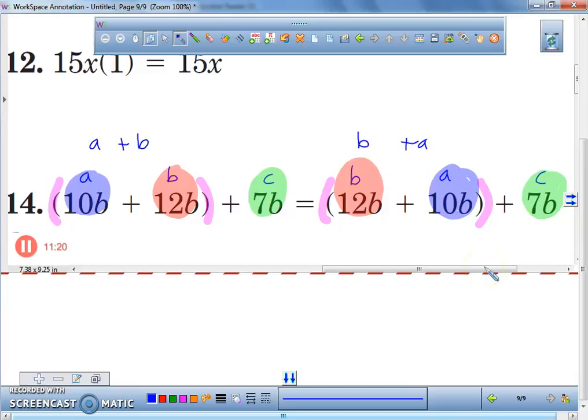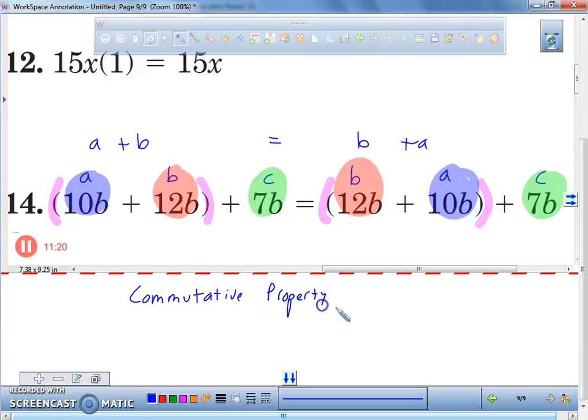And so if I just gave you the problem, A plus B equals B plus A, what would you say that is? The commutative property of addition. And that's the answer. Boom. The commutative property of addition. Now, what did you notice I did before I started talking to you about what the answer was? What was the first thing that I did?